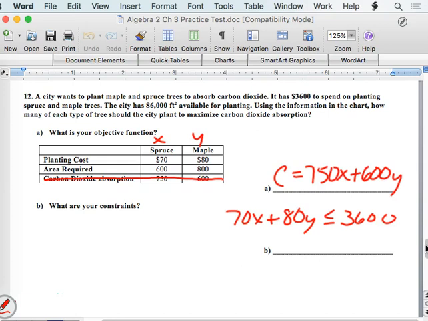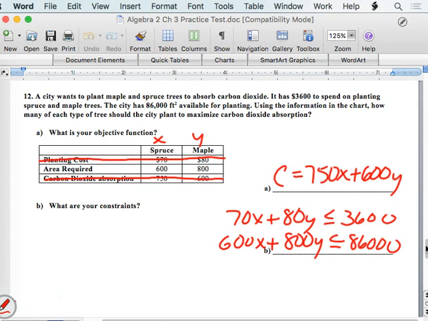Yeah, I know we say only 86,000 square feet, but it's only going to take so many trees. 86,000 square feet. Now, I used that one. Yeah, it really is that easy. Does everybody see that? This says area required. That's what that's about. So 600x plus 800y less than or equal to 86,000.